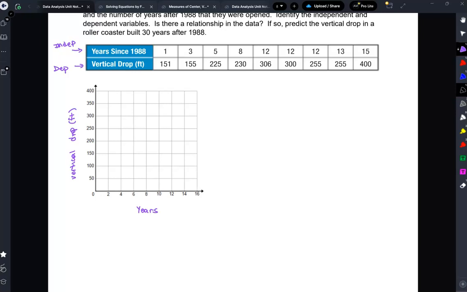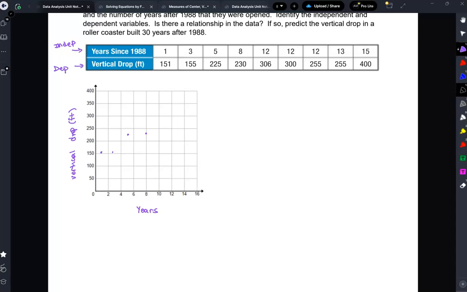One, we're at 151, so right there. Three, we're at 155, very close. So these are super close. And then 5, we're at 225. That's right in the middle. And then 8, we're at 230. 12, we're at 306 and 300.